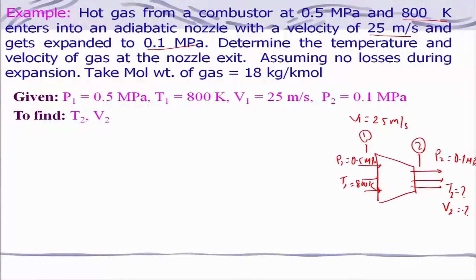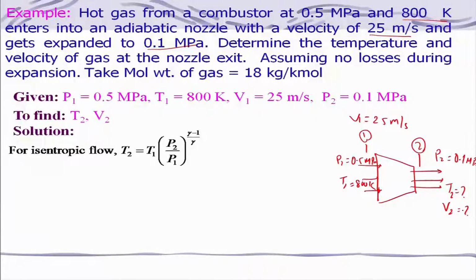We will apply the relationship we just derived, and we assume the flow to be isentropic, because it is given that there are no losses, and it is also adiabatic, so the heat transfer is 0. For isentropic flow, T2 is equal to T1 times (P2 by P1) to the power (gamma minus 1) by gamma.